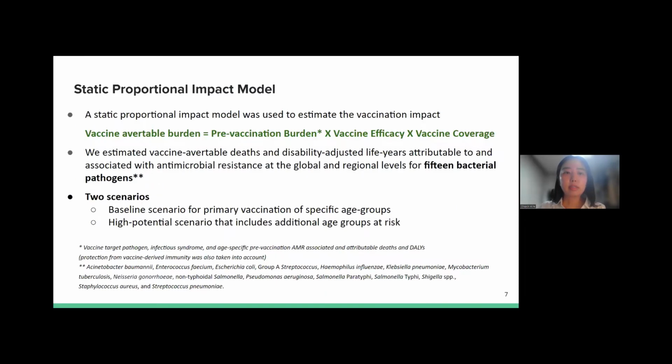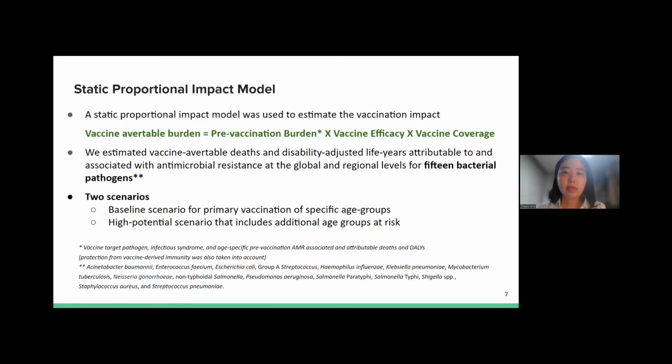So this is a simple description of our methodology. We use a static proportional impact model and estimated the vaccine impact in terms of reduction in age-specific AMR burden estimates for 2019 from the GRAM project data.